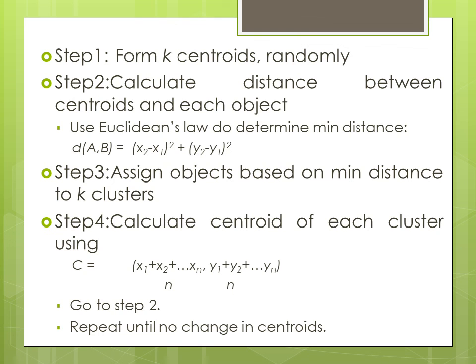This entire process from step number 2 to step number 4, I have to keep on repeating till I find that in two consecutive iterations there is no change in the centroids, or in other words, the clusters are not updated.